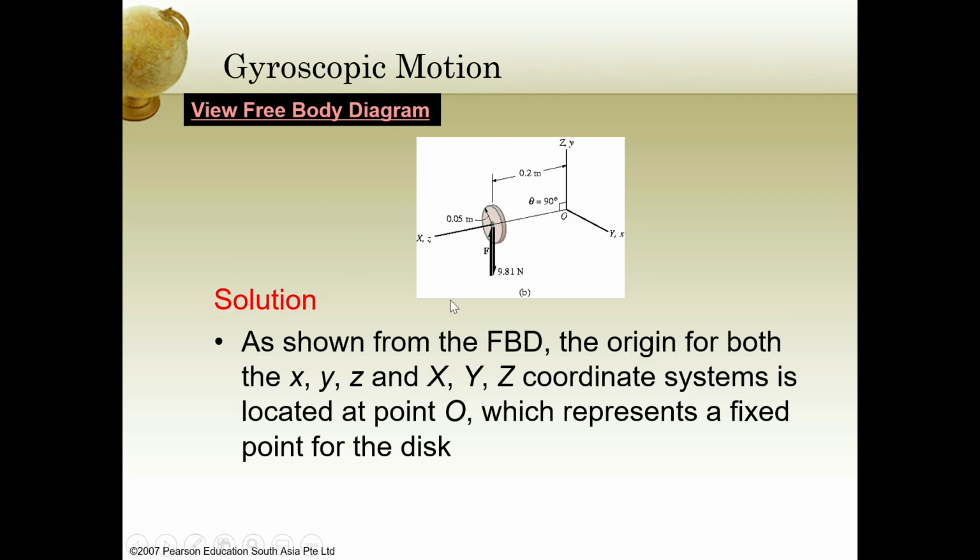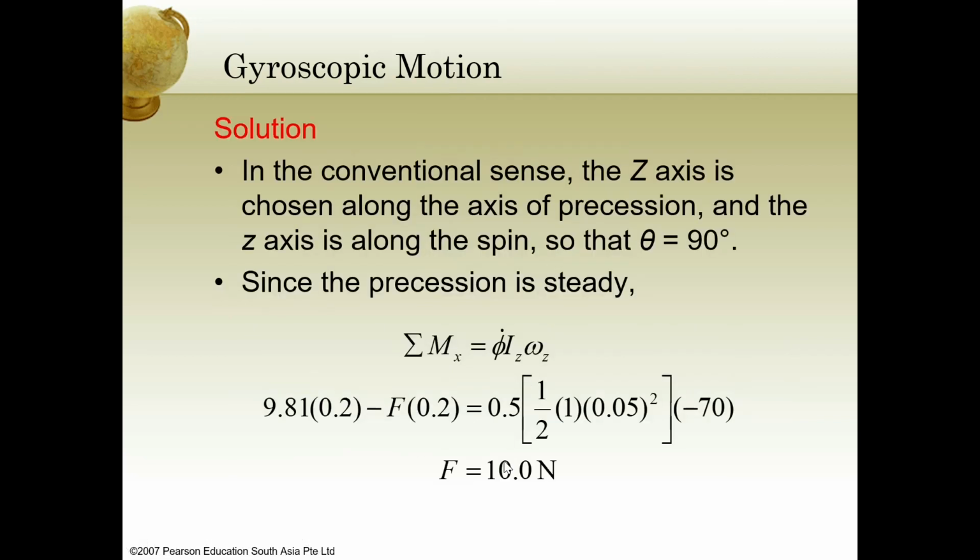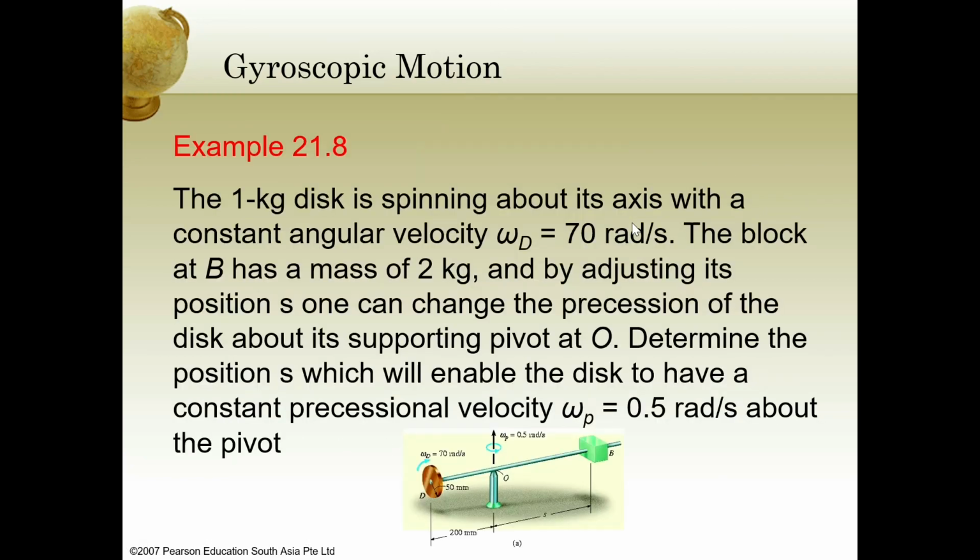As shown from the free body diagram, the origin for both the small xyz and big XYZ coordinate systems is located at point O. Okay, so point O is marked as the origin. In the conventional sense, the Z axis is chosen along the axis of precession. So from this diagram, we need to decide which one is the axis of precession, which one is the nutation angle, and which one is the spin axis.